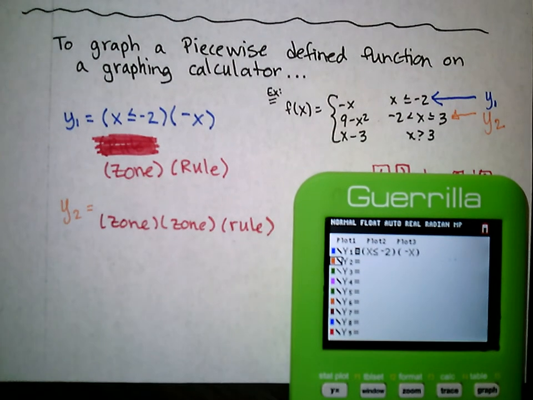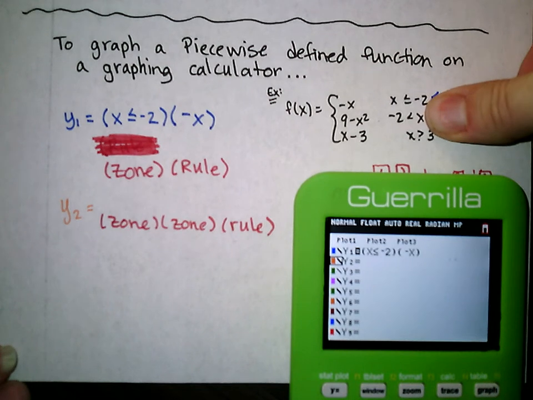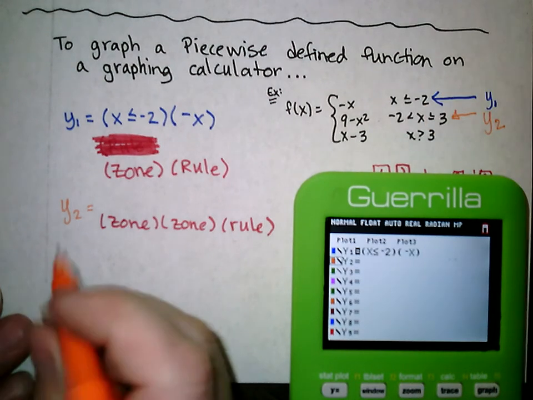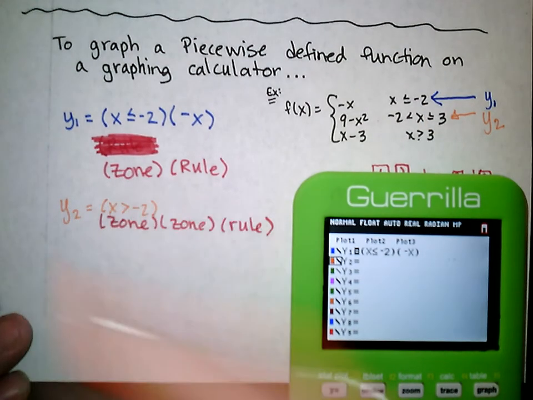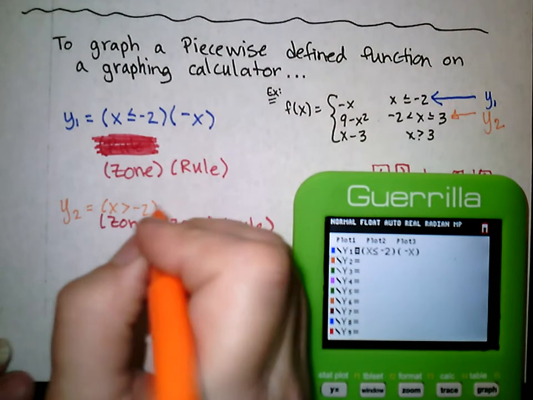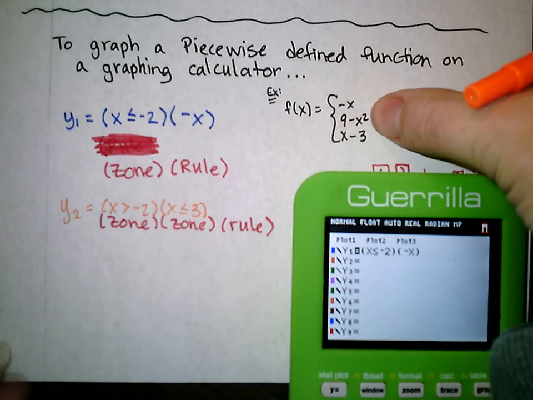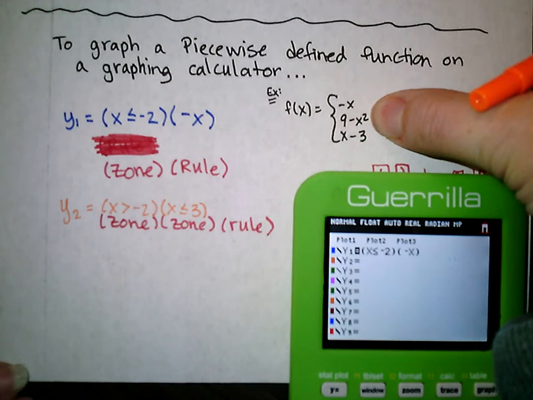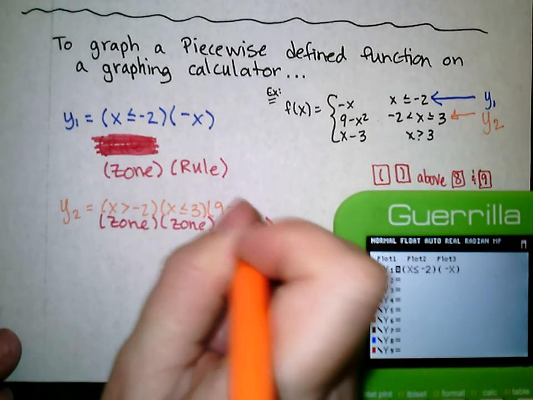So my first zone will be x is greater than -2. Then my second zone, x less than or equal to 3. And then the rule I'm following is y equals 9 minus x squared. So I just go 9 minus x squared.